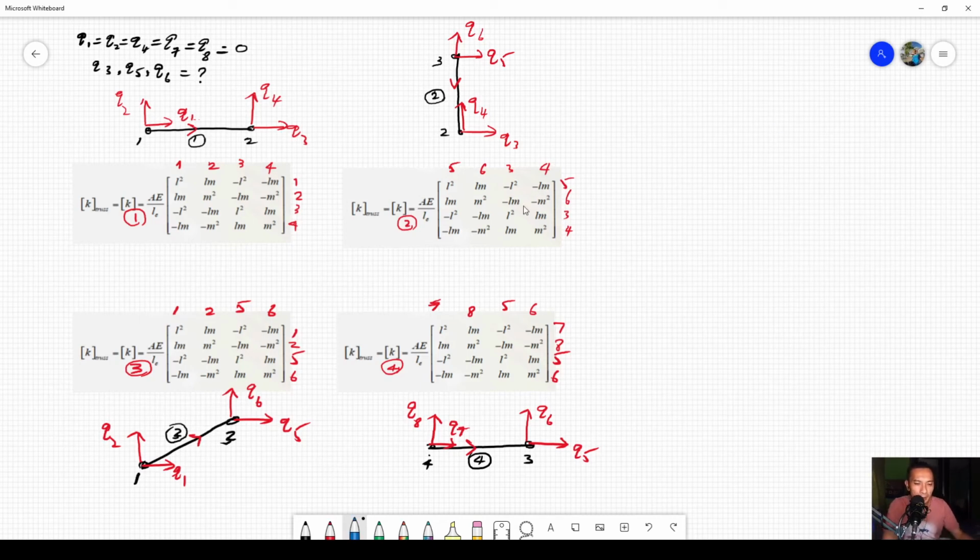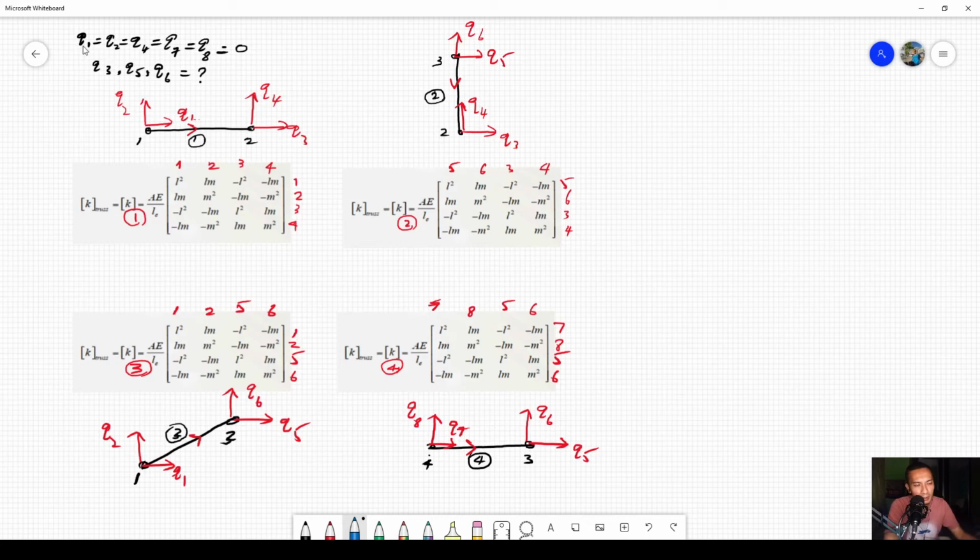Once we have this done, now what we can do is look at the boundary conditions, where for all the displacements that equal 0, or where another point has no displacement, we can actually eliminate the rows and columns where we have no displacement.